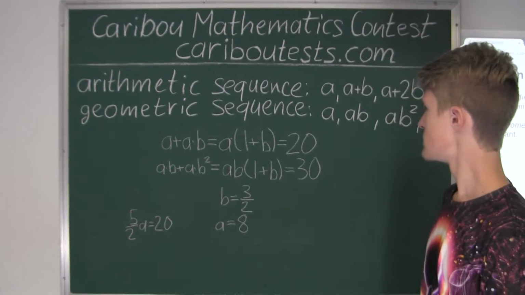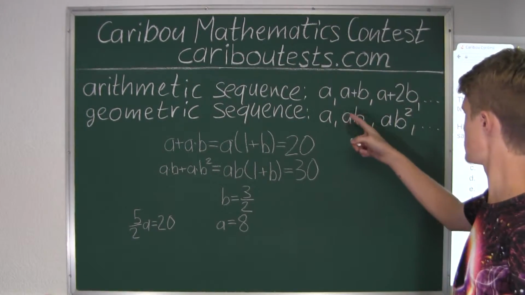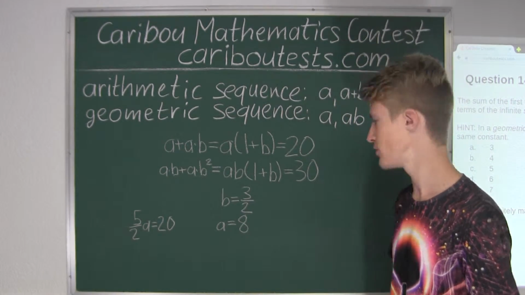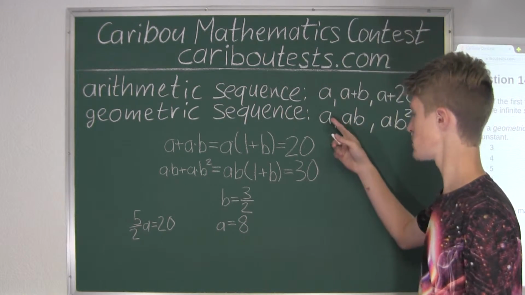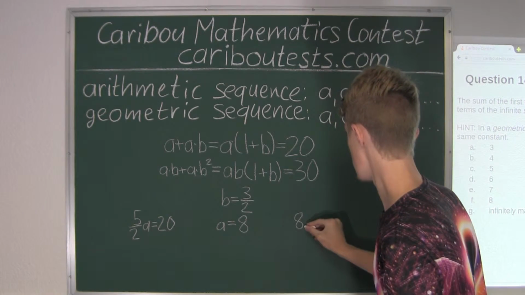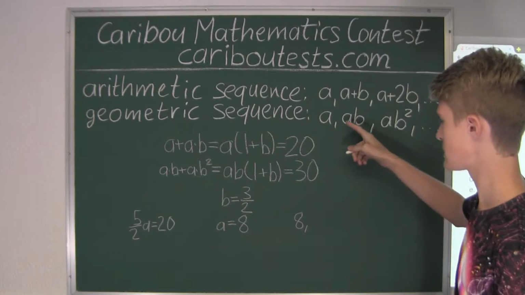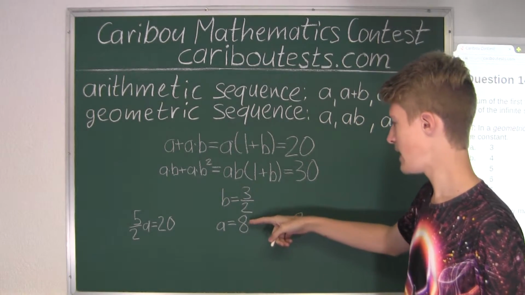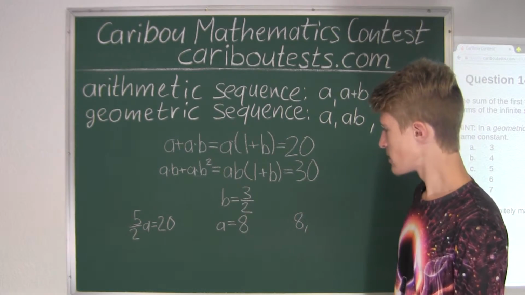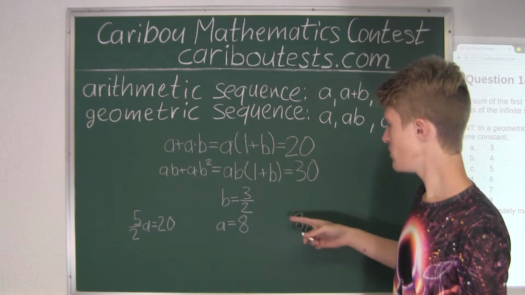Alright, so here's the geometric sequence, and let's write maybe the first 5 or 6 terms. First we have A, and we know that is just 8. Next we have A times B, so we would have 8 times 3 over 2. But now we're not interested in the value of each term.